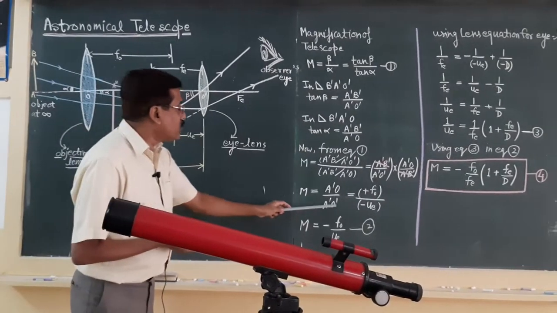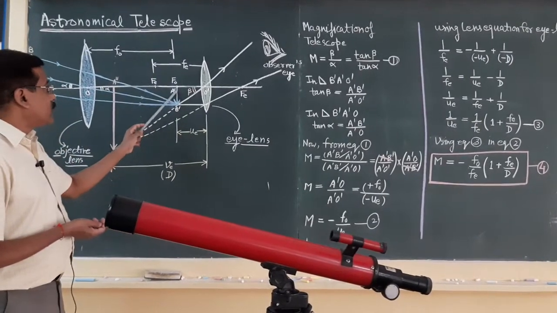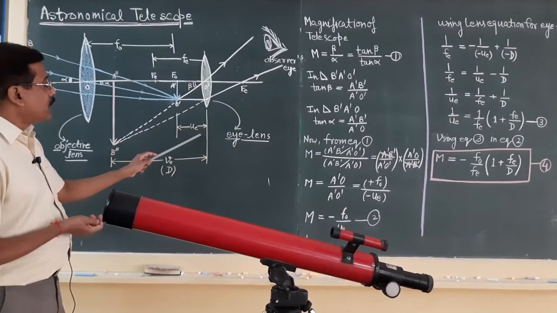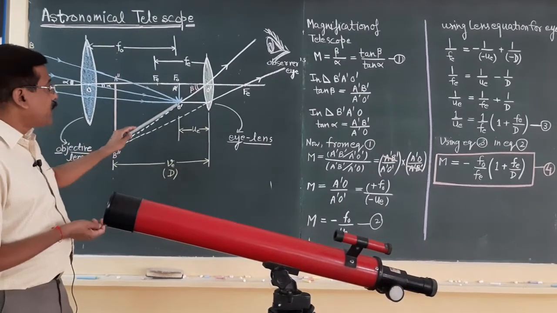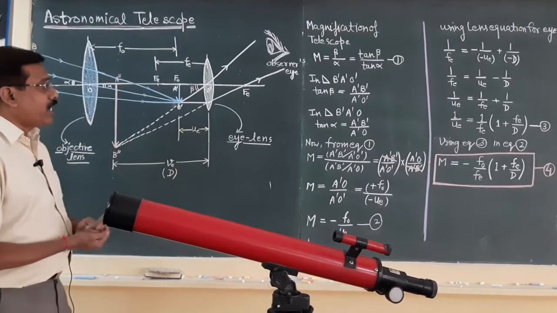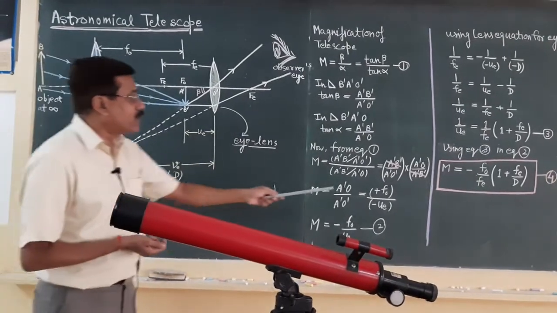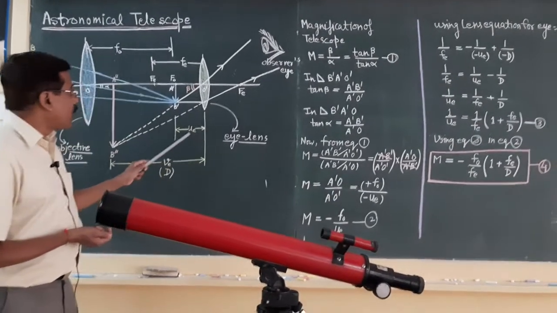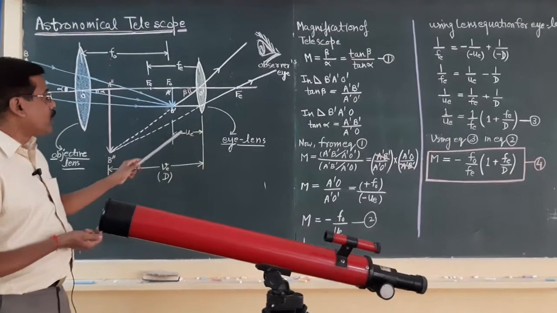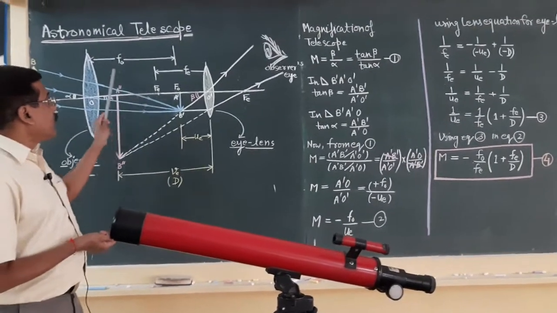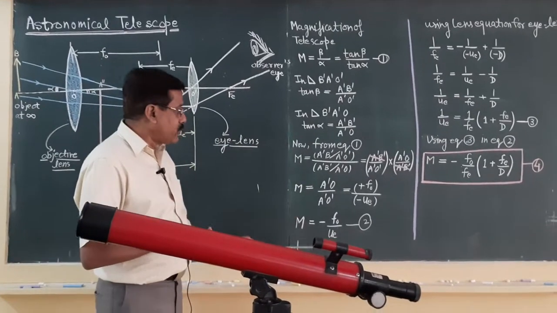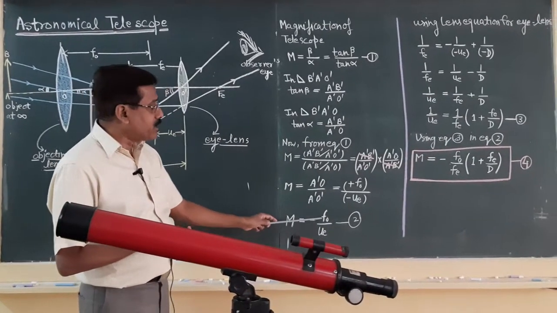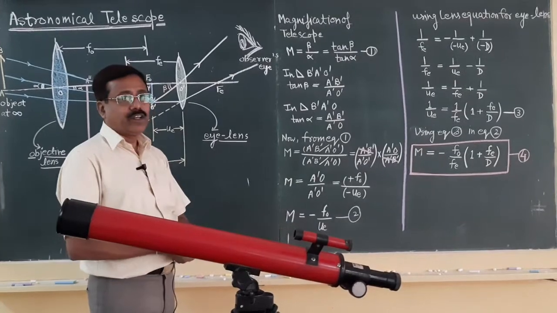And what is A'O'? A'O' is the object distance with respect to the eye lens, because A'B' acts as the object for the eye lens. The sign of fo will be positive and the sign of ue will be negative because it is opposite to the direction of light propagation. So finally, with sign convention, we have m equal to minus fo by ue.